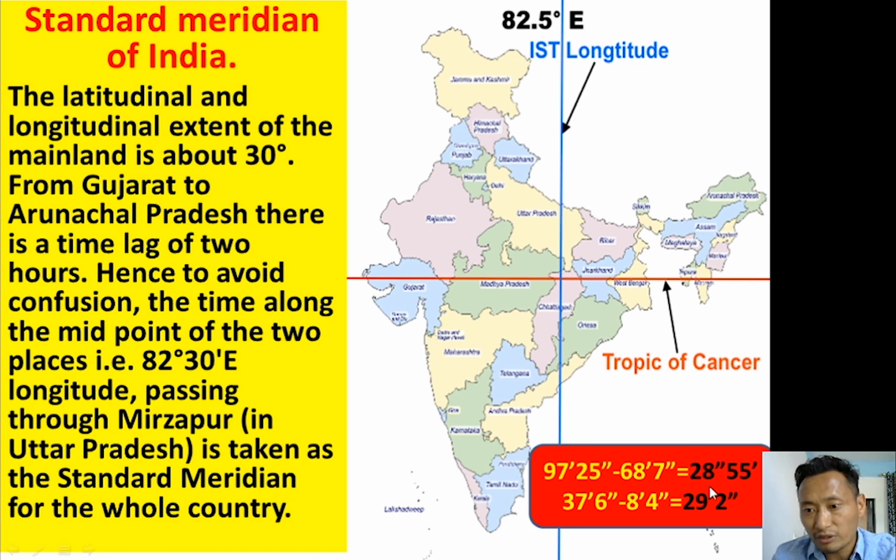If we subtract these two, it gives 28 degrees 55 minutes, almost 30.